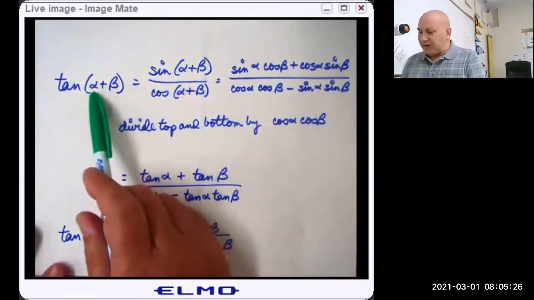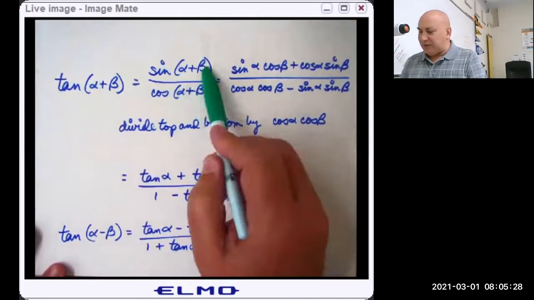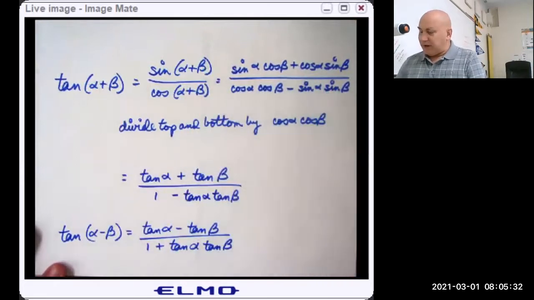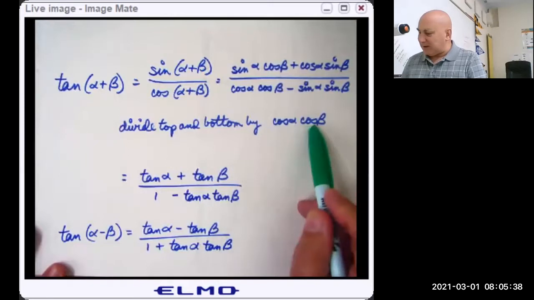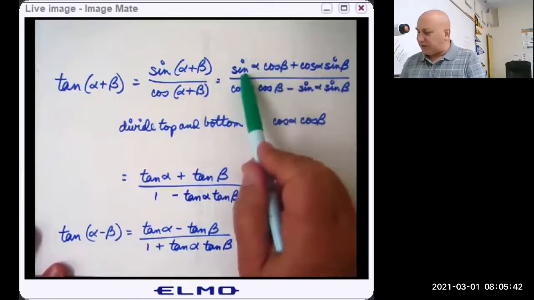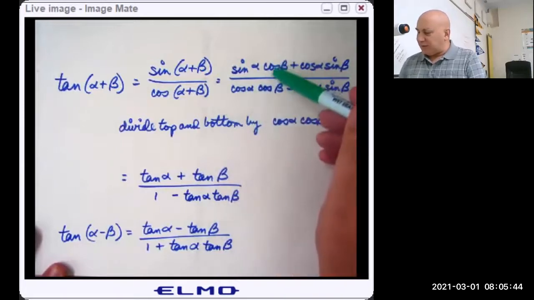All right, tangent of A plus B is sine of A plus B over cosine of A plus B. And we get this expression. Then we're going to divide the top and bottom by cosine A cosine B. Well, if we divide this expression here by cosine A cosine B, the cosine B's will cancel.